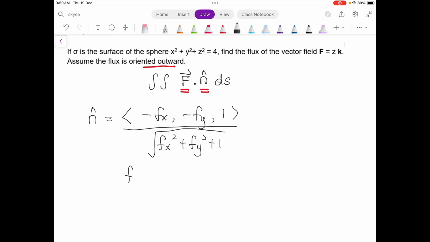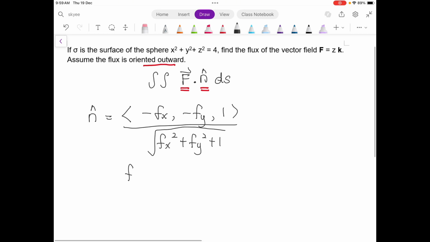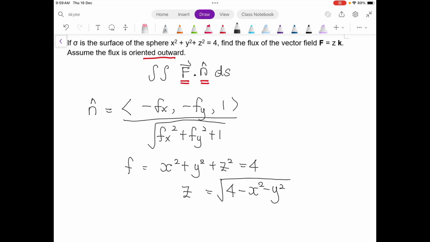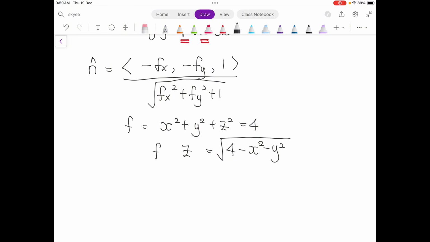Here obviously the flux comes out from the sphere, so you have to take the function of the sphere: x squared plus y squared plus z squared equals 4. If we are going to use the xy projection later when defining dA, then f must be z, so z will be the square root of 4 minus x squared minus y squared. So this is your f, or this is your z.